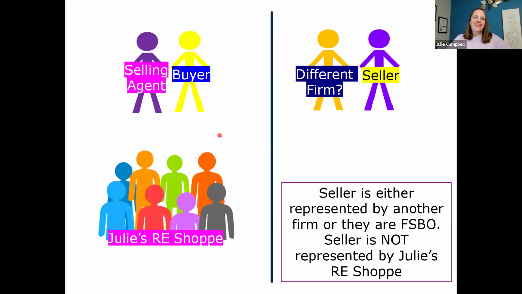So if we look at our picture, now we've got Julie's Real Estate Shop. One of you is the selling agent, standing there hand in hand with our buyer. Either the seller is represented by another firm or the seller has chosen to go it alone, for sale by owner. Again, the point here is they're not represented by Julie's Real Estate Shop.